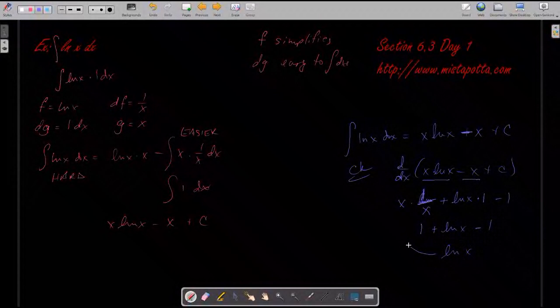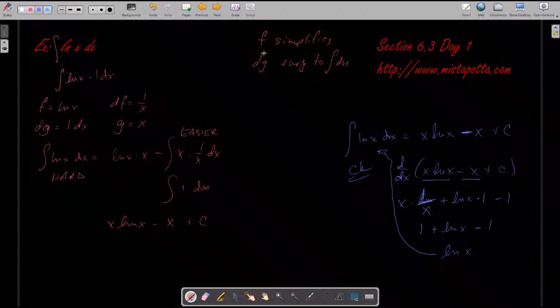So the idea here is that I can always check my answer, but being able to separate and determine what is my f and what is my dg is really the key here.